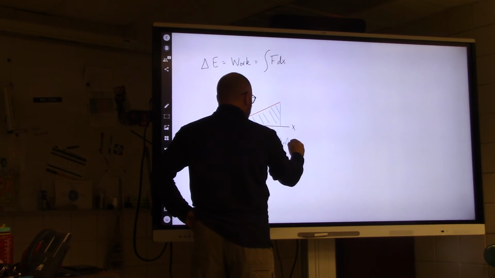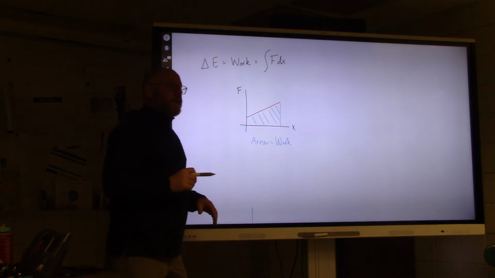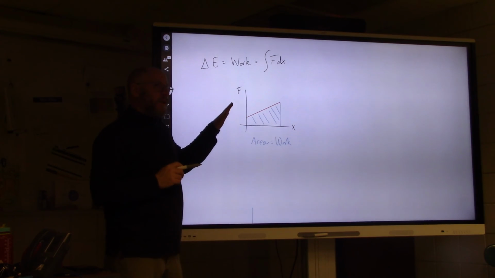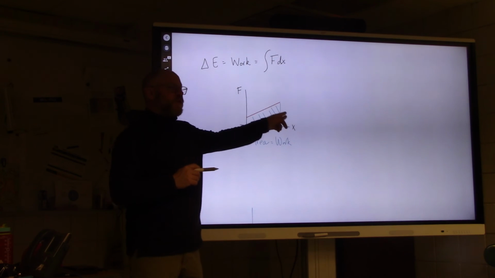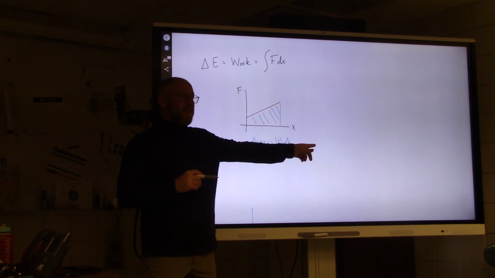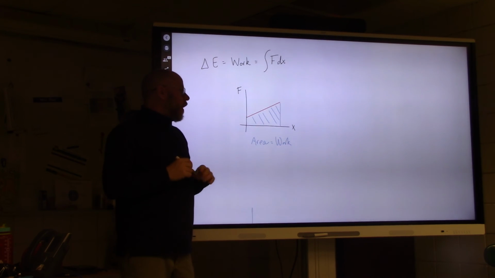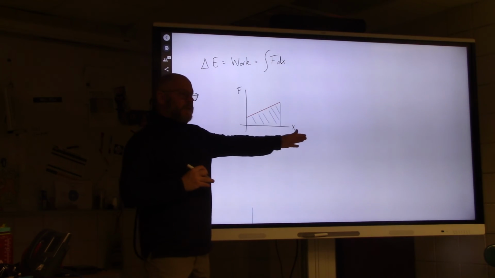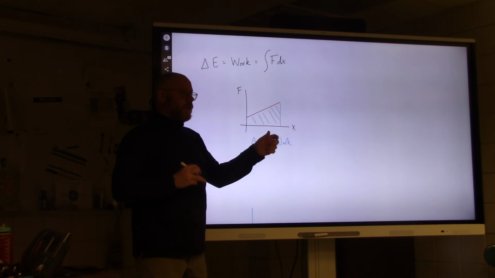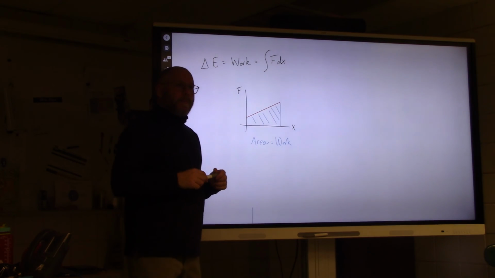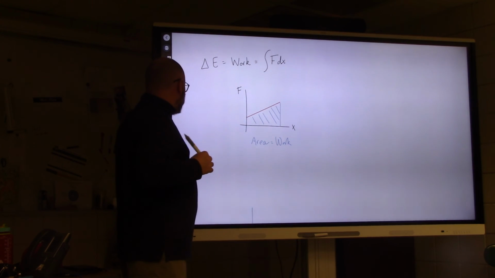Now, a moment ago, we were talking about how I took a different area to get the impulse, but how was that one different? It was force and time. That was force time, right? That's the difference between these two ideas. One is the force displacement, the force distance, the other is the force change in time. Is that cool?